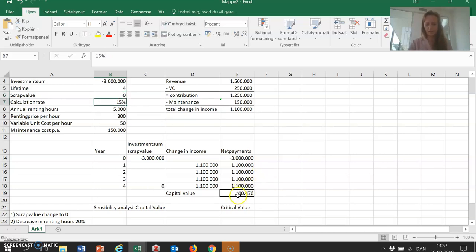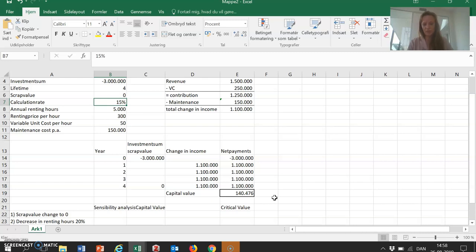See, capital value is still positive, but you can see it dropped a lot. So now it's 140,476. What you can conclude now is that if scrap value would change to 0, you would still have a profitable investment and the capital value would be 140,000.